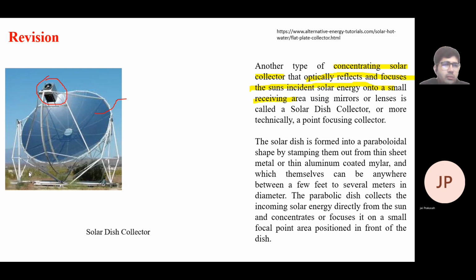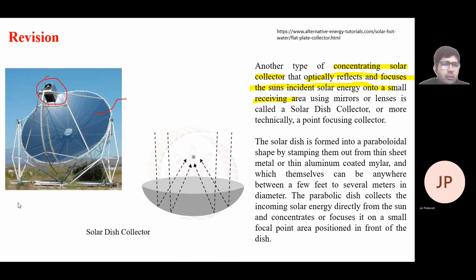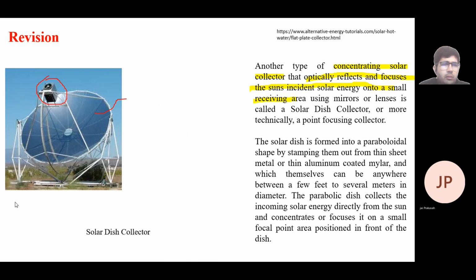The sunlight is impinging on this, and this is reflecting to a particular point only. It's focusing, all the reflection will point towards this. So suppose light is impinging here, it's again reflecting at this only. So basically it is located at a focus point.